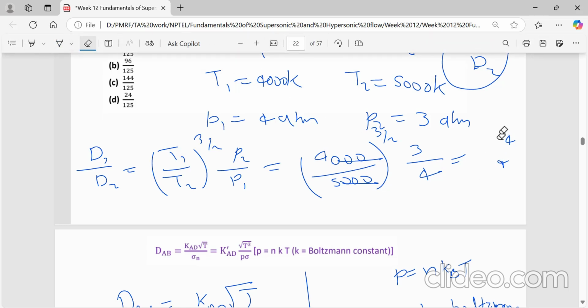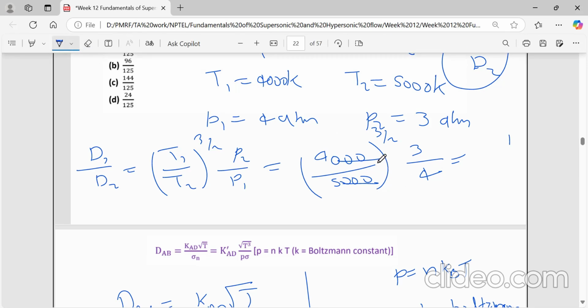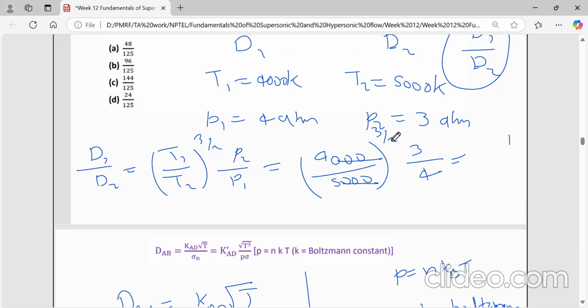Or we might write it like this. This 4 to the power 3 by 2 will be 8. 8 into 3 upon 4 into under root 125. Before we cancel here 2, it will be 6 upon under root 125.